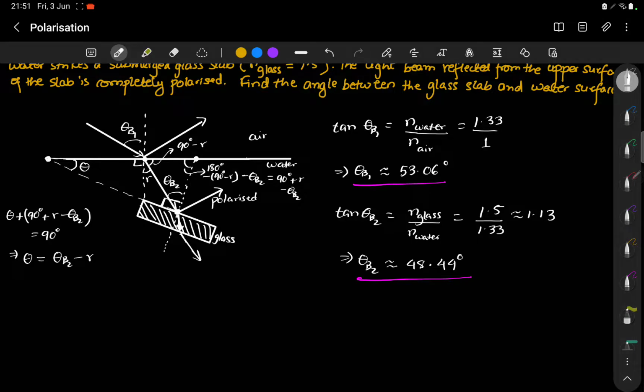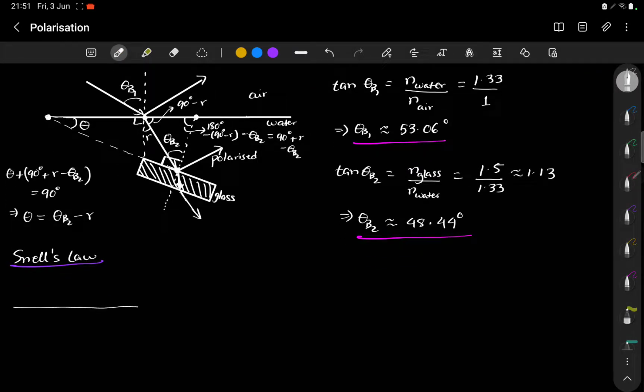So to find out R, we will use Snell's law. Snell's law says that if we have an interface and we have an incident ray at some angle of incidence, say theta I, then we will have the reflected ray at the same angle, but for the refracted ray, let us call this theta R. This is N1, this is N2, and this interface is there.